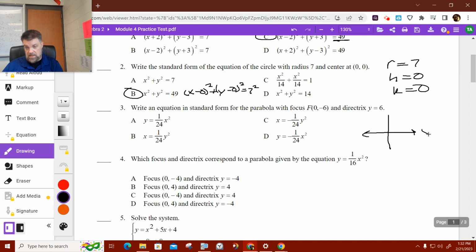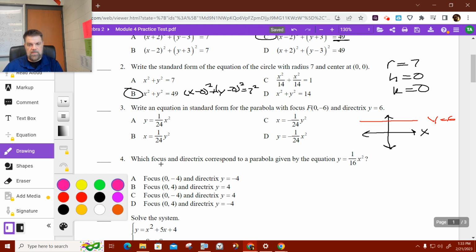Here is my x-axis. This is my y-axis. It's telling me that my directrix, the line, is doing this at y equals 6. Then it tells me that I have a focus, and we'll do that in purple. I have a focus at 0, comma, negative 6. So here's the focus here. So that tells me that the parabola opens down.